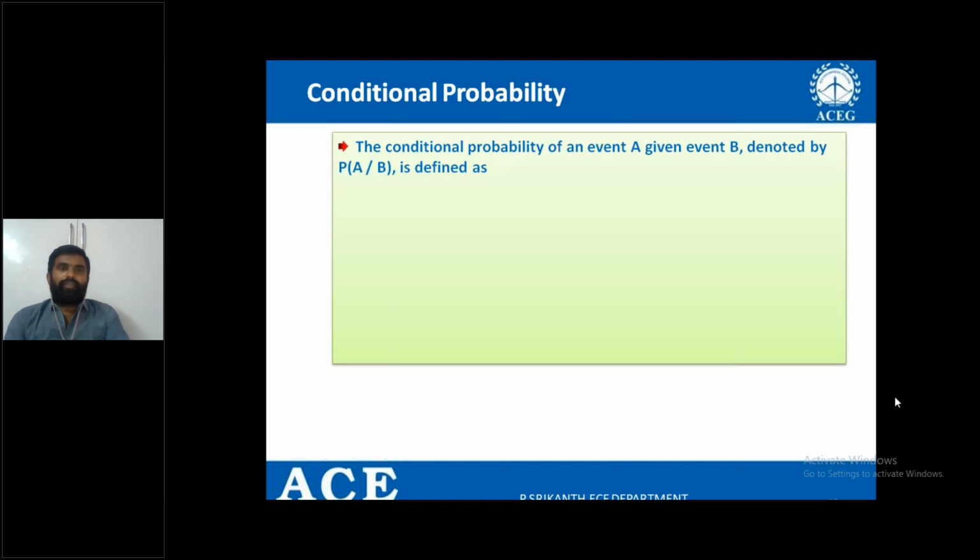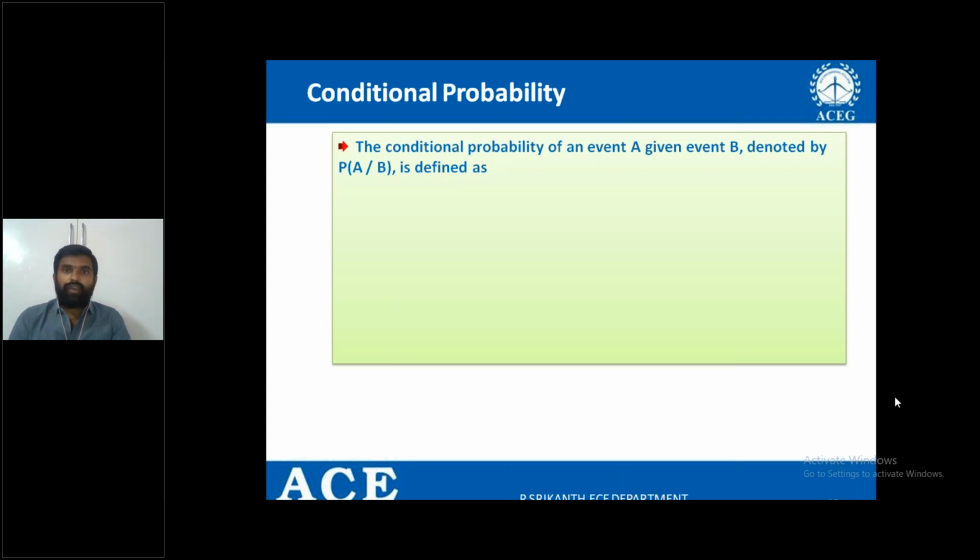So in the name itself, conditional probability, in the sense, here the occurrence of one event is depending on the other event. If the occurrence of one event is depending on the occurrence of another event, we can define the conditional probability.